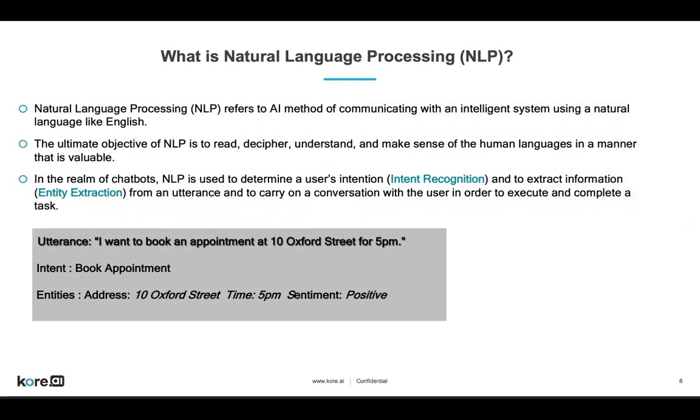Okay, so it is the NLP engine built within the virtual assistant, or the natural language processing engine. Now, this is the brain behind the virtual assistant that helps it to read, decipher, understand, and make sense of the human language in a manner that is valuable.